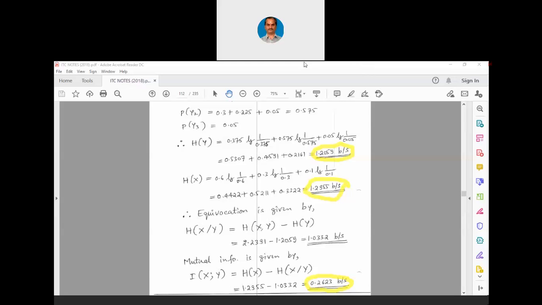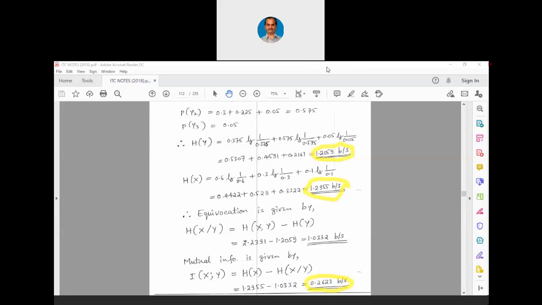Or can you put the conclusion in the chat box? Okay. Harshita has put the information as the percentage of information is 20.3%. Very good. She immediately calculated the percentage of information.